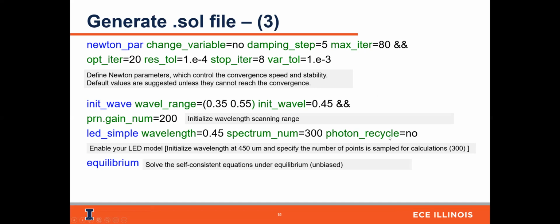Photon recycle, no. This is the default value, so you don't consider photon recycling, meaning that if you have a photon generated from one quantum well, and that photon is going to be reabsorbed by the other quantum well, we are not considering that effect because our quantum wells have roughly the same properties, same ground state.